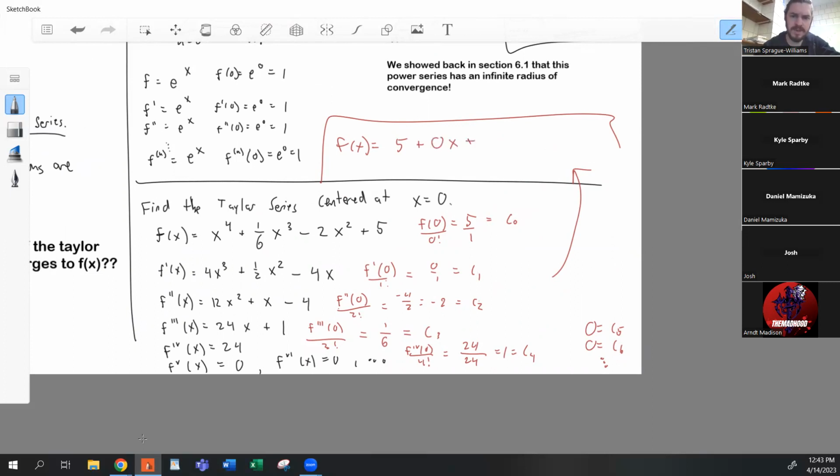And then plus C2, which is -2, so that's negative 2x squared. And then plus C3, which is 1/6, so that's 1/6 x cubed. And then plus C4, which is 1 times x to the 4th. And there we go. And then the rest is plus zeros forever, all the way out to infinity. What do you notice?